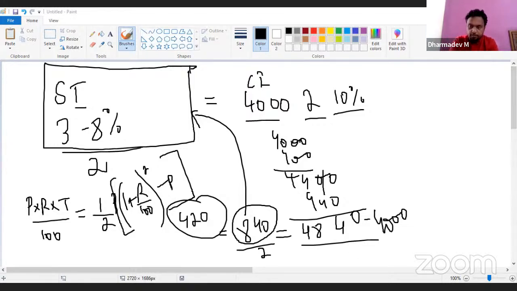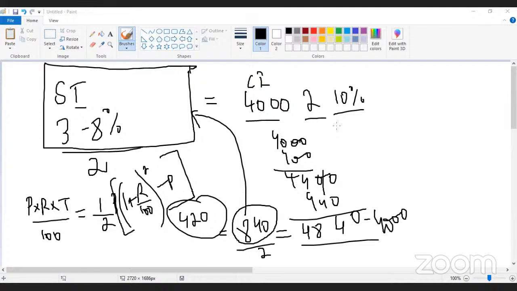What would be the sum? Just give a try, just the calculation. Almost the end of the question. You have to find the sum placed on the simple interest.